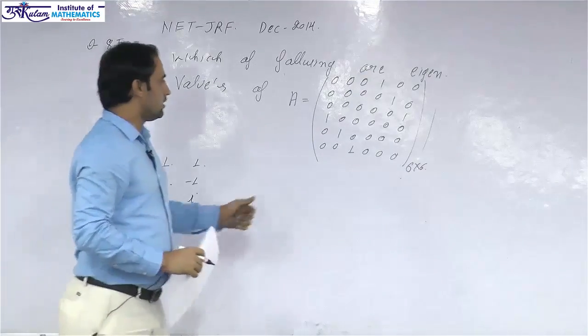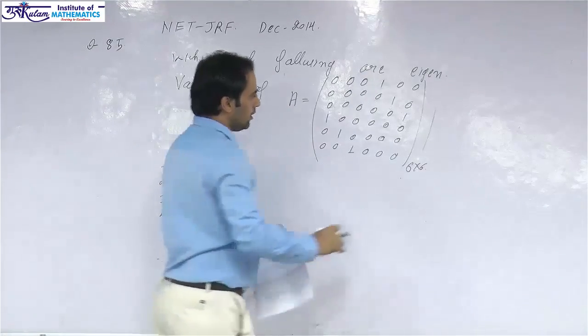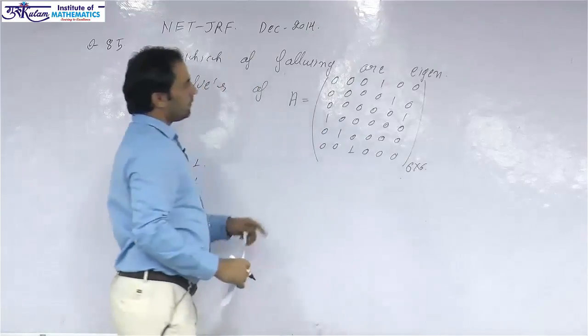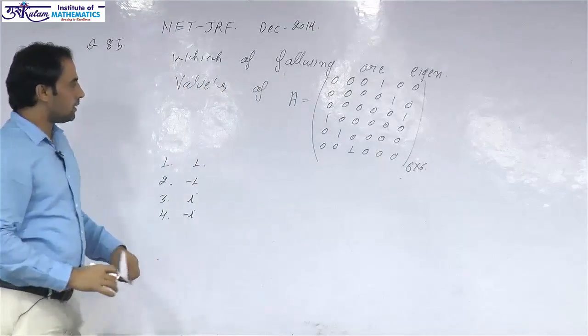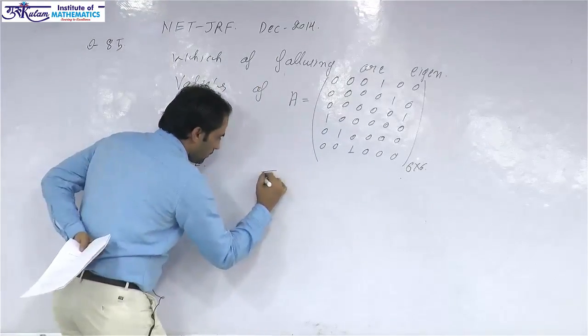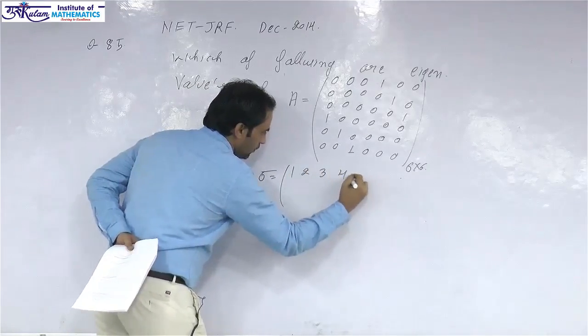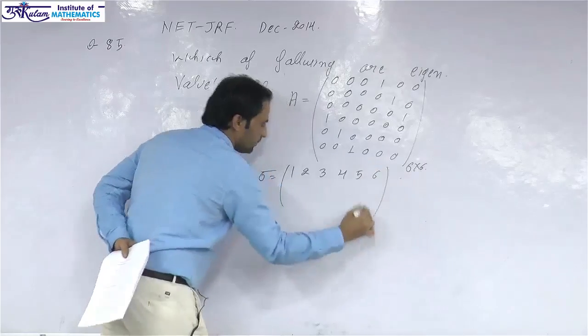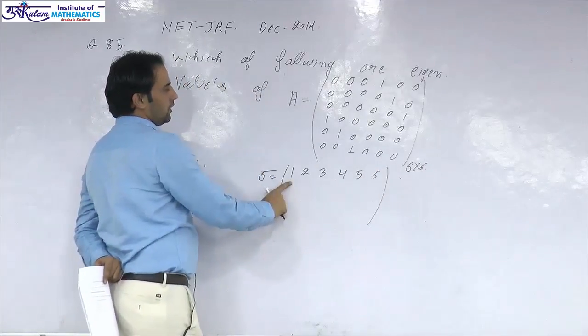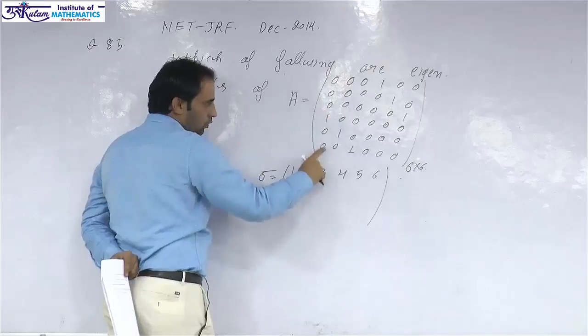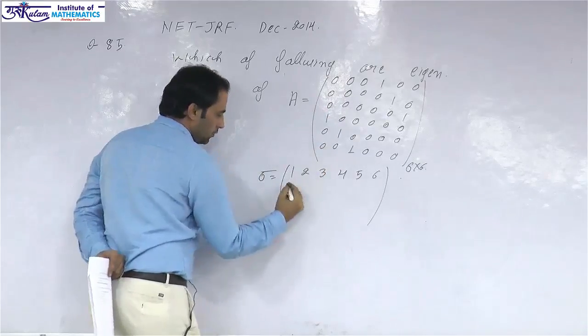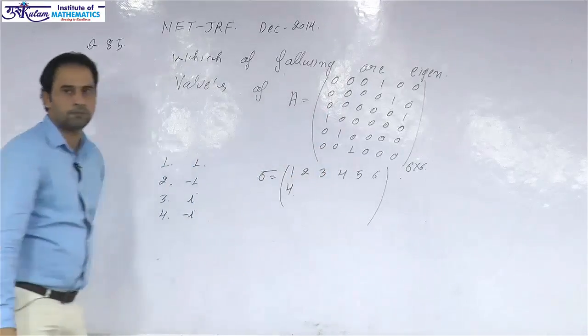So you can see that the given matrix is a permutation matrix, and the corresponding permutation sigma is 1, 2, 3, 4, 5 and 6. Since this column is the fourth column of the identity matrix, image of 1 is 4.